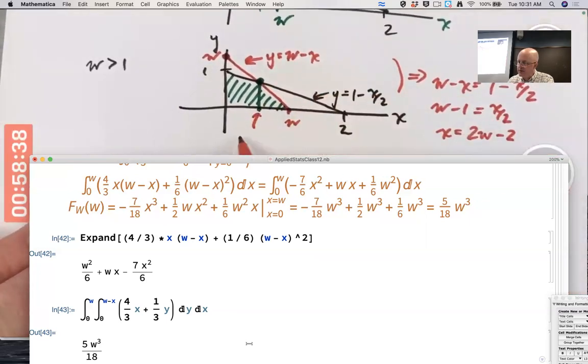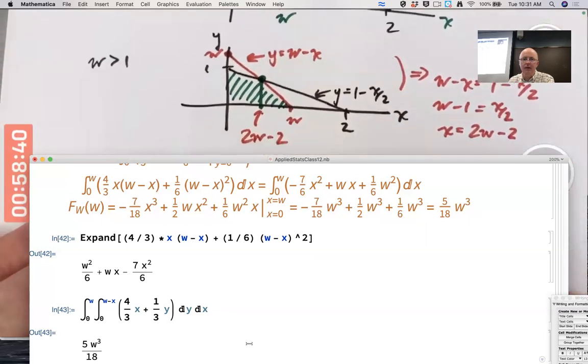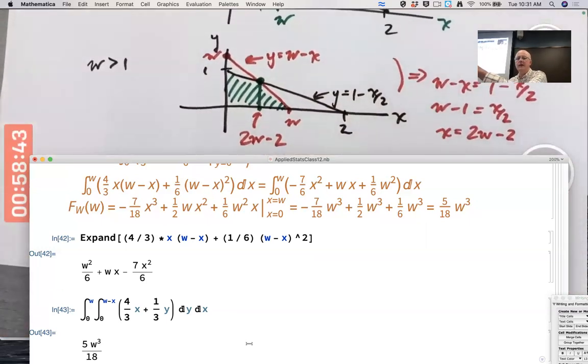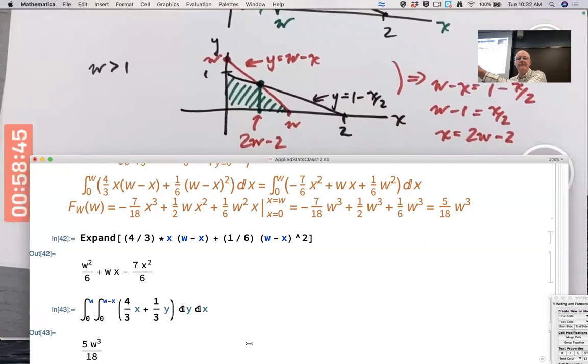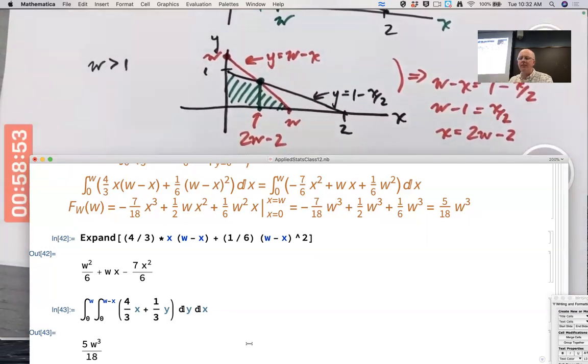That point is 2W minus 2. Does that make sense? And that will be less than W when W is less than 2, which it is.